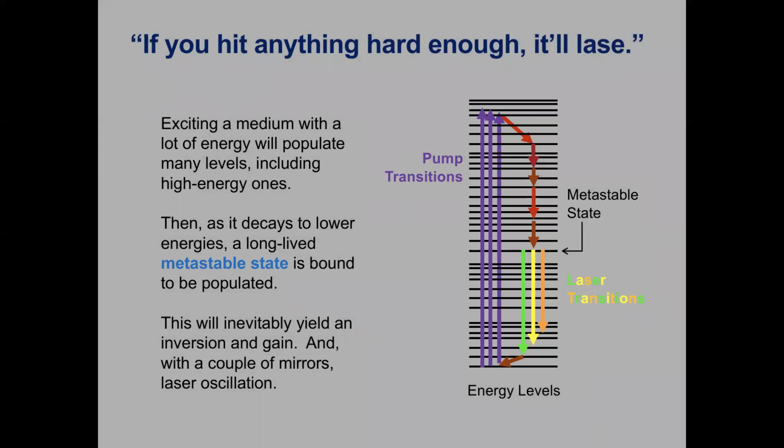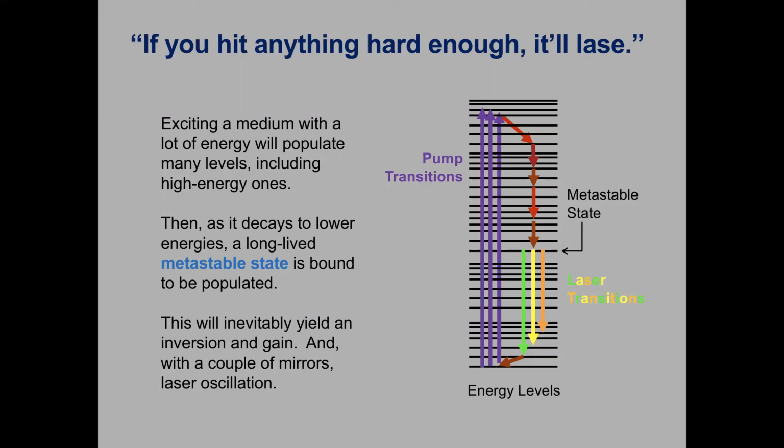As a last thing here, I'm going to finish with the idea that, of course, as long as you have materials out there with lots of energy levels, and some of them are long-lived energy levels, metastable states, chances are there's some state in there that if you hit it with enough energy, atoms and molecules are going to build up in that energy level, and eventually you'll get population inversion.